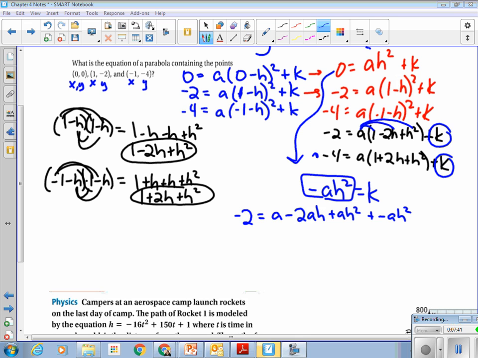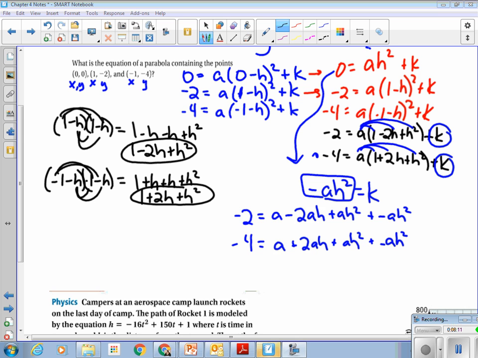I'm going to distribute my a. Negative 4 equals a times 1 is a. 2h times a is 2ah. H squared times a is ah squared. Then I'm going to add my k to the end. Each one of these I'm going to simplify.